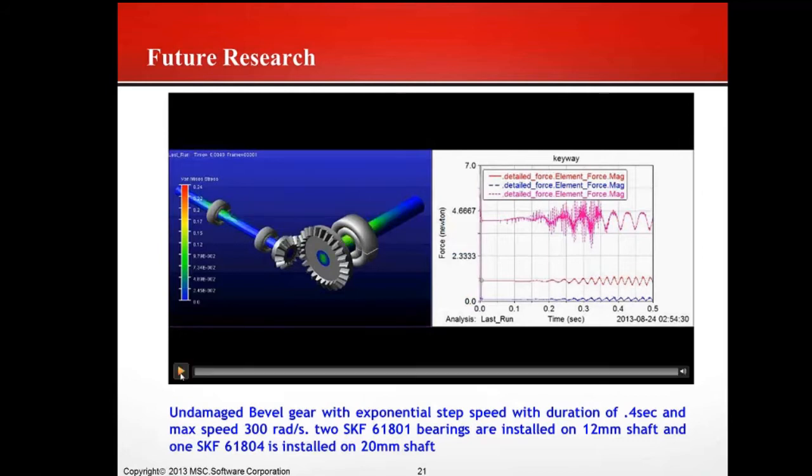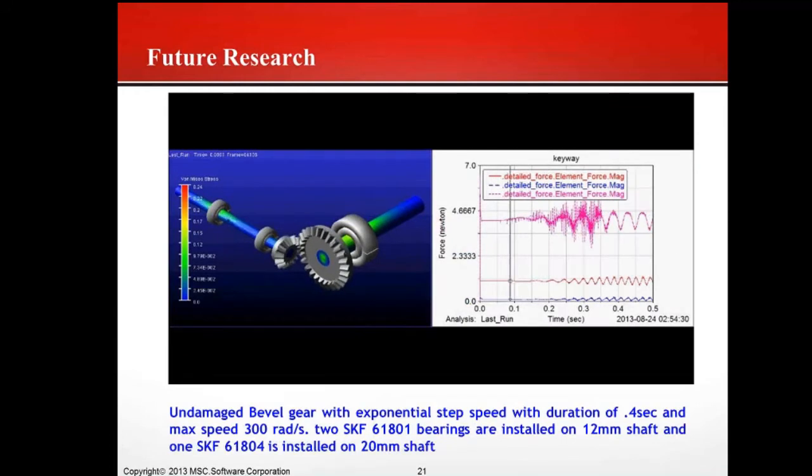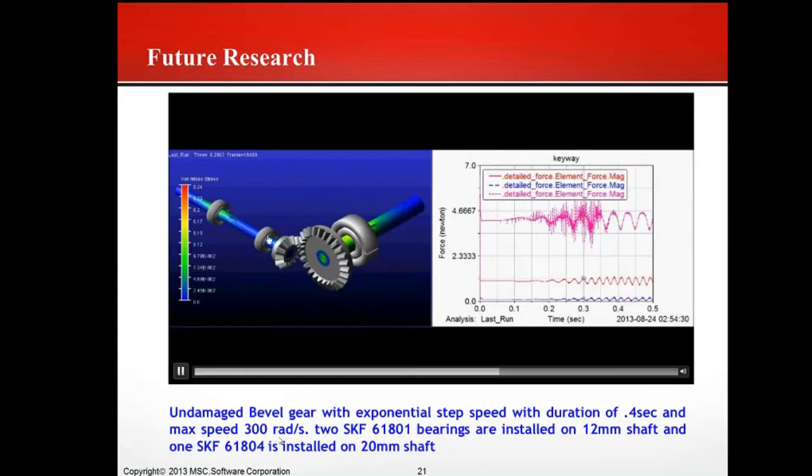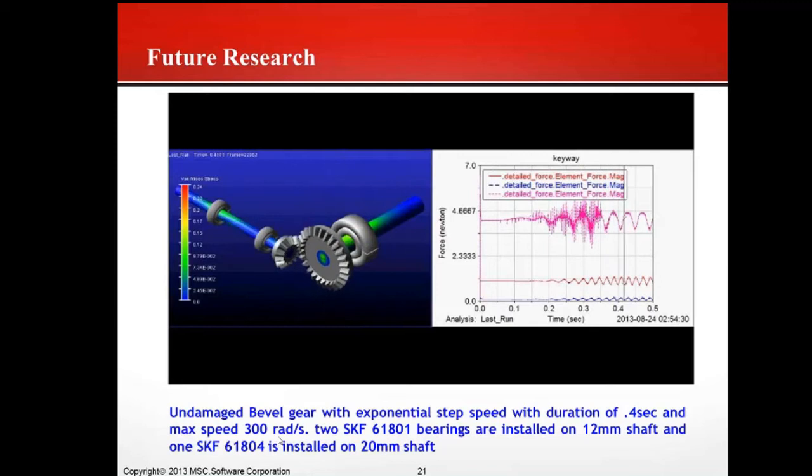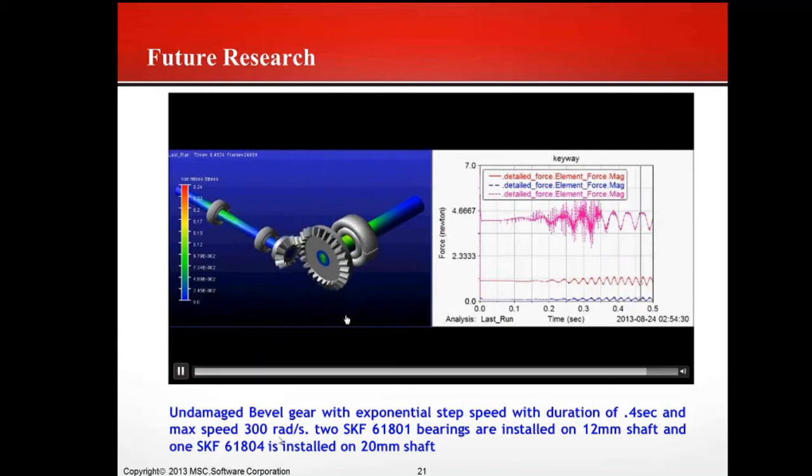Now if you see, we gradually apply a speed up to 40 radians per second. We cut the keyway on the shaft as well in order to simulate the unbalance of the rotor system. The beautiful thing is, when the speed is very small, the unbalance is not obvious.